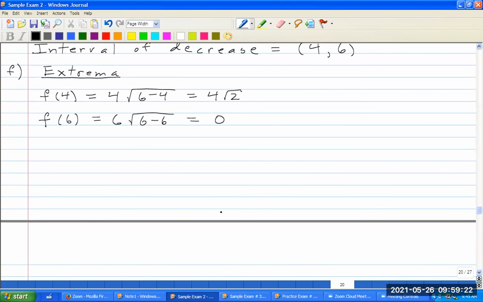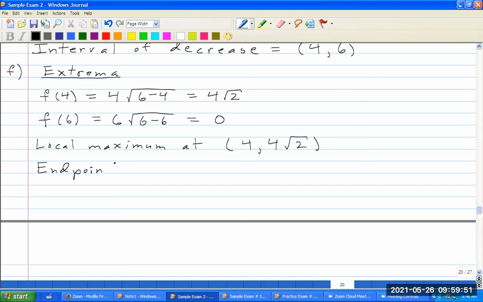So we have a maximum at 4 rad 2. And we have an endpoint minimum.